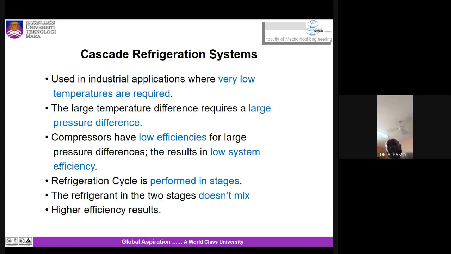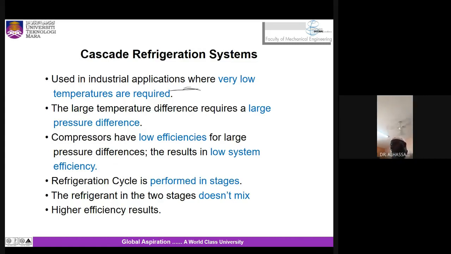Or in other words, if you need a very, very low temperature refrigeration compartment, then you need to use the cascade refrigeration cycle. So cascade means you have 2 or 3 refrigerators mounted on one another, performing the same job. This is commonly used in industrial applications, okay?